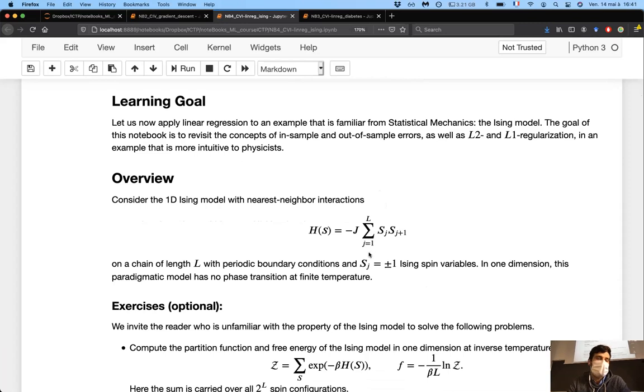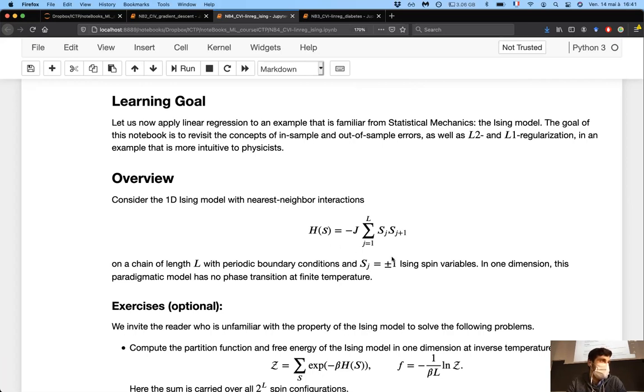This system is associated with an energy function, and the state of the system is described by this vector S. We'll consider in particular the simplest Ising model of them all, the one-dimensional Ising model.